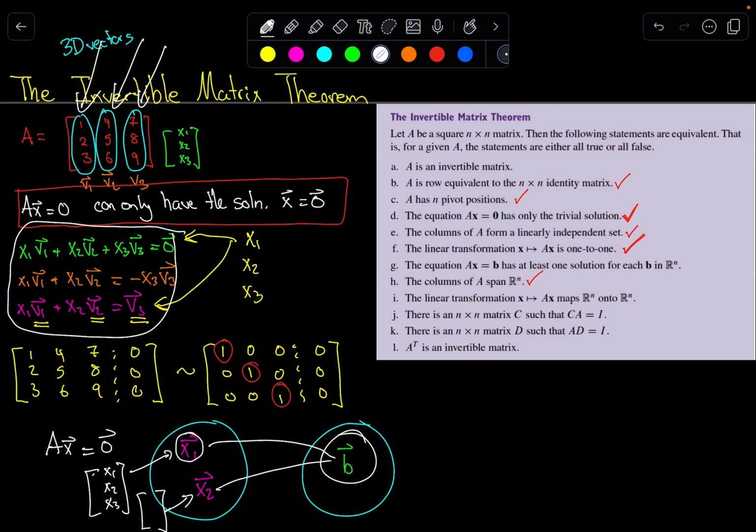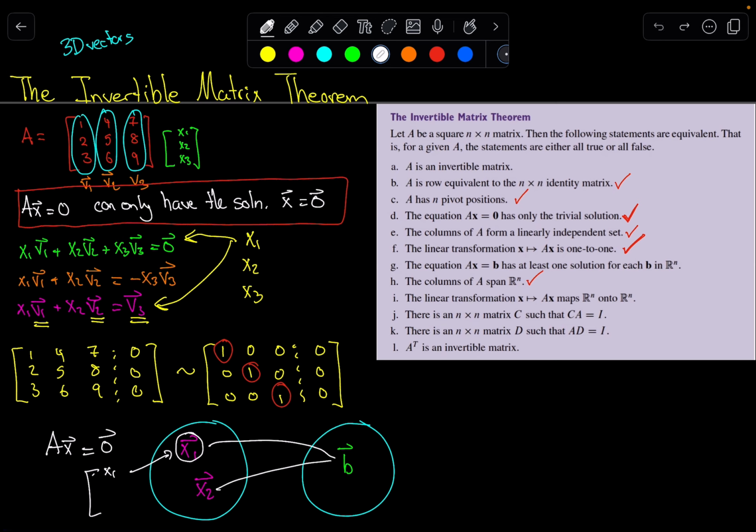But you can't do that because they're linearly independent. So the only possibility is for this transformation to be 1 to 1. So this linear transformation defined by x mapped to Ax is 1 to 1, perfect.